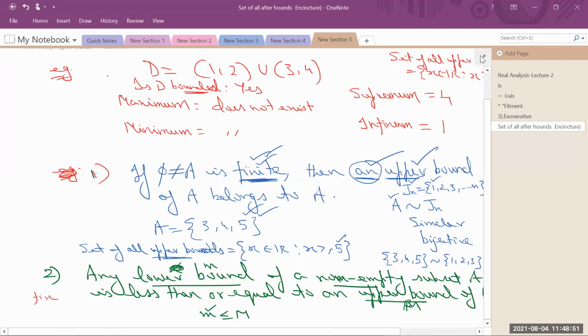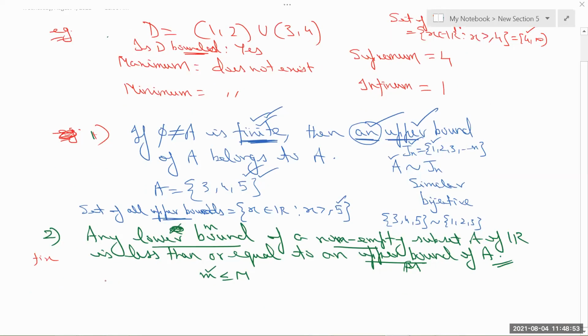Let me write it here. My claim is that fix any x, fix any real number from the set. So if you are claiming that m is its lower bound, so as per definition, m must be less than equal to a, is it?